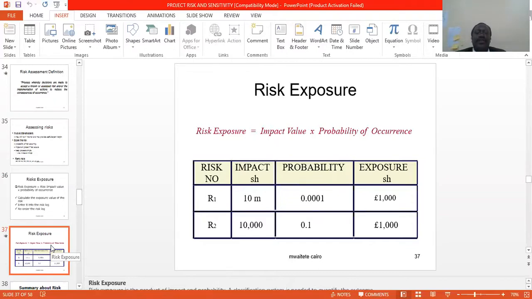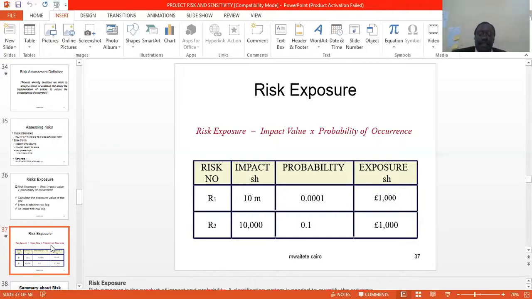You need to develop a table like that, where you will have a risk number, the impact, the probability, and the exposure. You need to compute the value for each. For example, the impact for R1 is 10 million, and the probability is 0.0001, in terms of pounds. When you convert it, that may be 1,000 pounds, and so on.